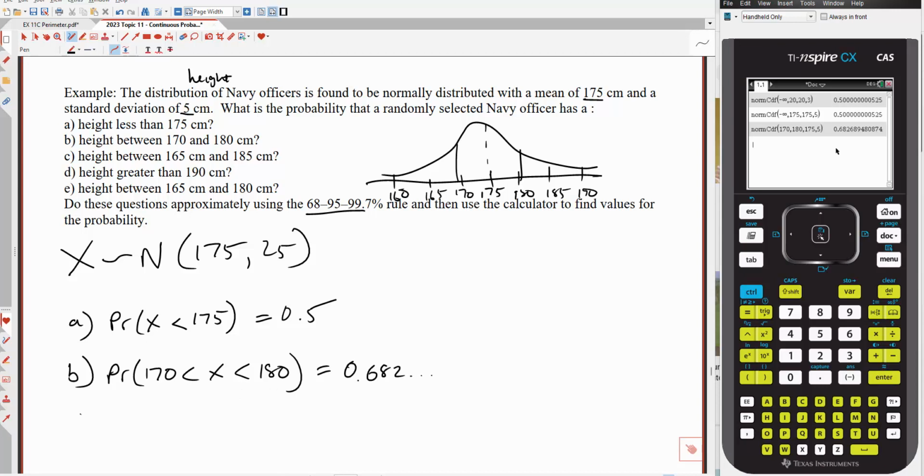All right, C, so that's going to be 2 standard deviations to the left and the right of the mean, so that's the probability between 165, just to be different for this one, and 185, equals, so this one should be 0.95.